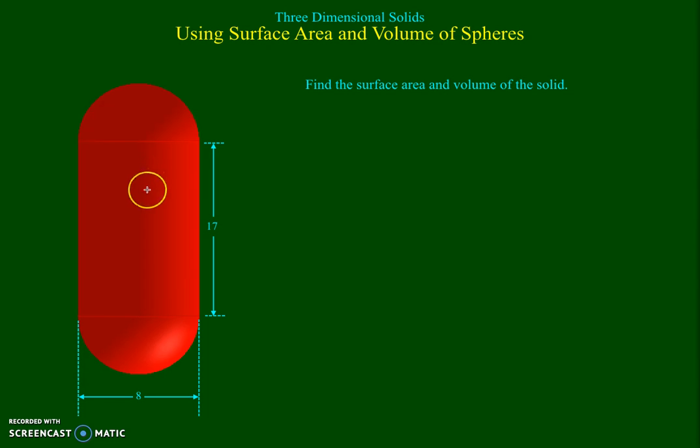So let's go ahead and start writing down our formula for our surface area here. Surface area is equal to the surface area of the sphere, so it's going to be 4 pi r squared, plus the lateral area of the cylinder, which is going to be circumference times height.